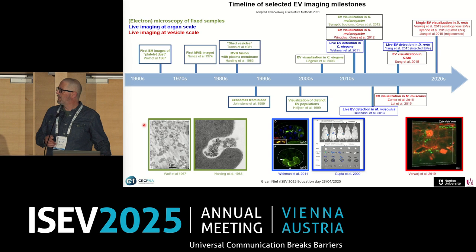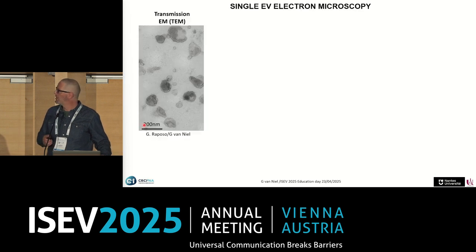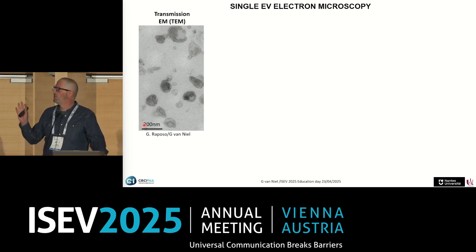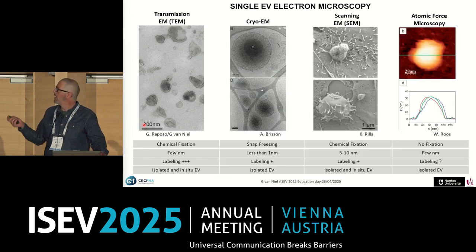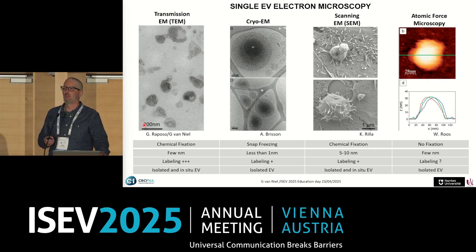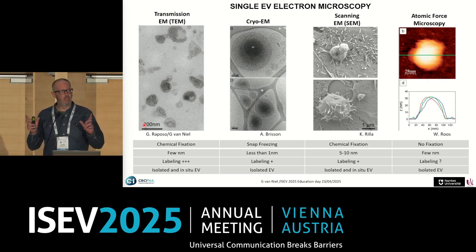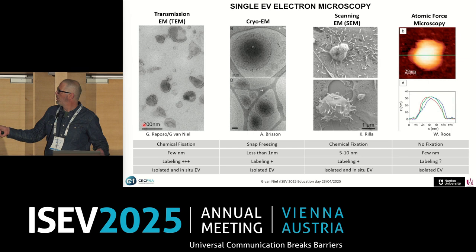So if we start with electron microscopy, as we have heard right before, we have different types of electron microscopy. The most useful one is transmission electron microscopy, but you can also use cryo-EM, scanning EM, or atomic force microscopy. Each of these techniques uses a different way to process your samples, by conserving their properties or after chemical fixation.